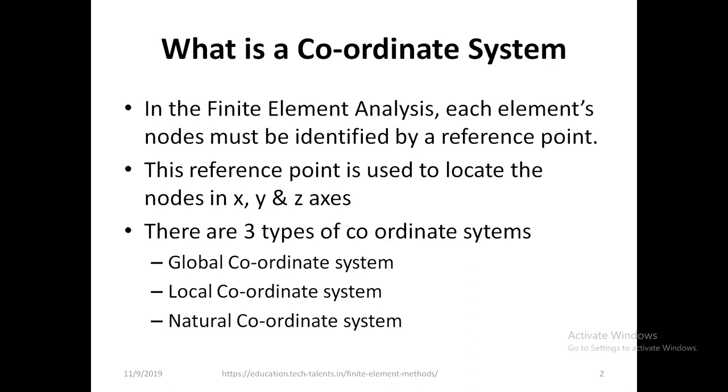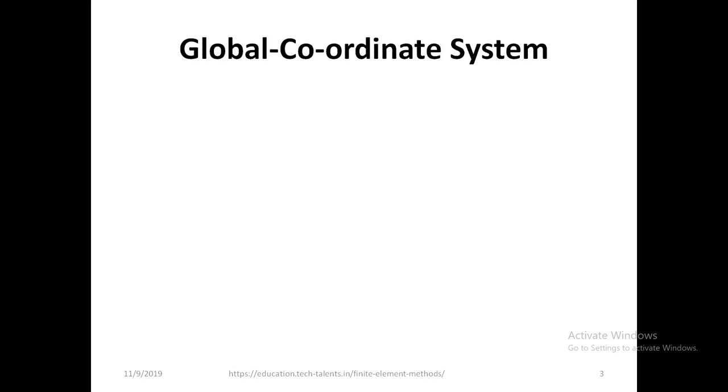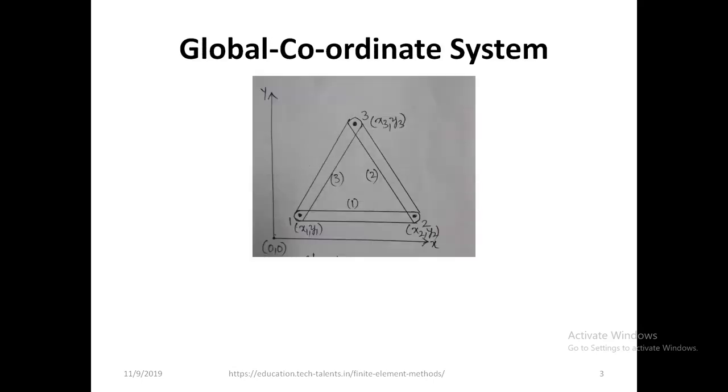There are three types of coordinate systems: global coordinate system, local coordinate system, and natural coordinate system. What is a global coordinate system? If you look at this diagram, there is an object which has three elements: element 1, element 2 and element 3.